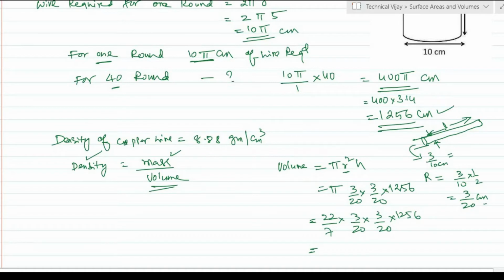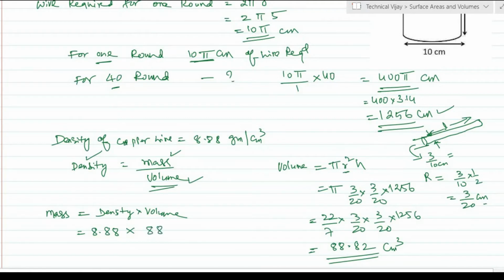Okay. So this is equal to 88.82 cubic centimeter. So this volume also we got. So now we can calculate the mass. The mass of this copper wire is equal to density into volume. So density he has given, that is 8.88, into volume 88.82.